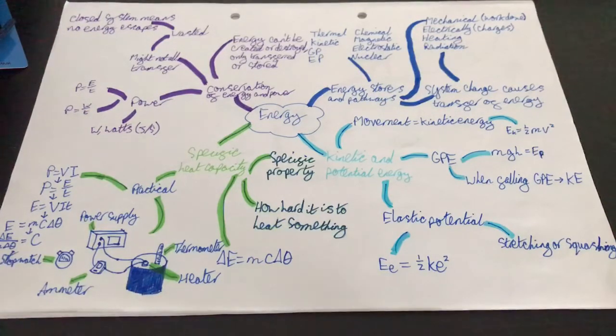So if I had a 1 kilogram ball and I lifted it 10 meters from the ground level, and I'm on Earth, obviously, then I'd do 1 times 9.8 times 10, so that would be 98 joules. So that is your gravitational potential energy.